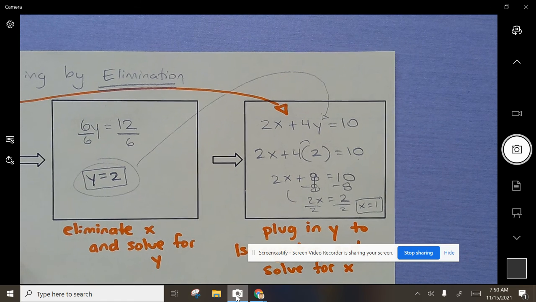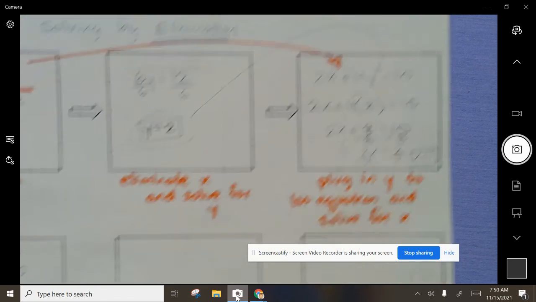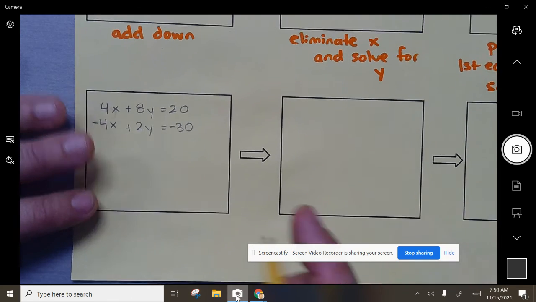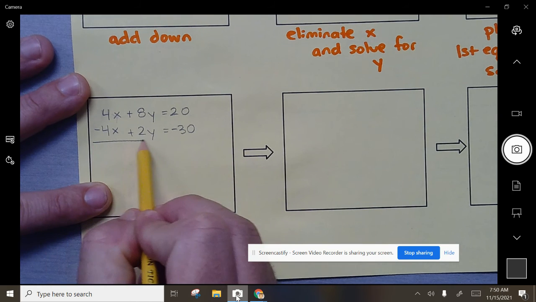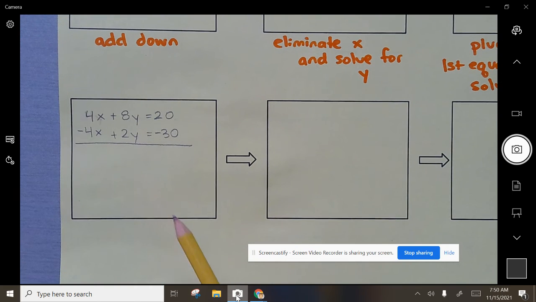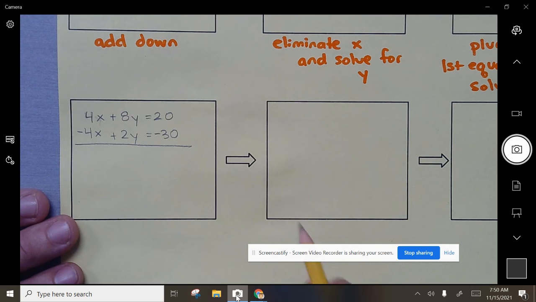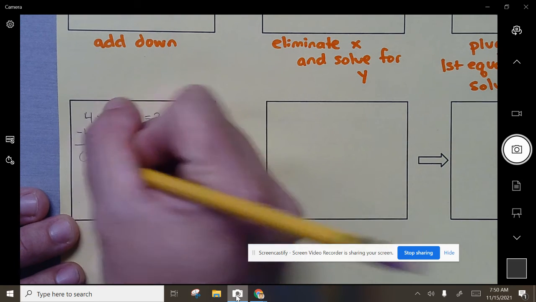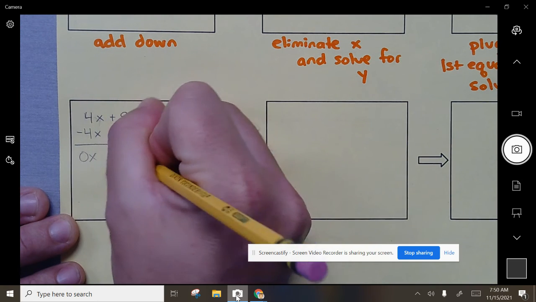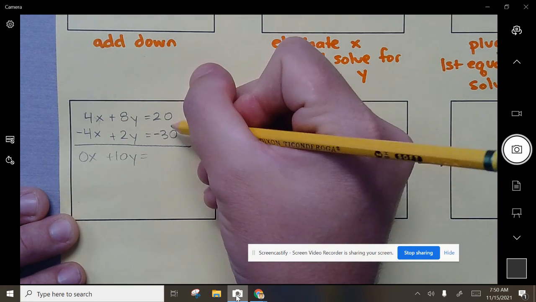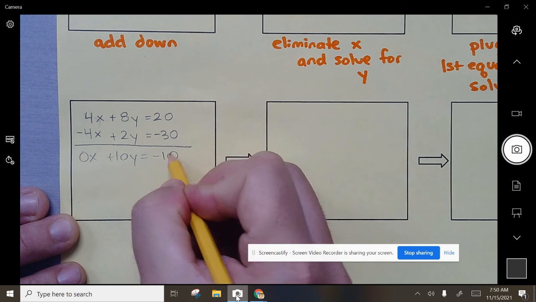All right, let's do another one. It looks a little confusing, but just follow the steps with me, just like you did on the top. First, we're just going to add down. Go ahead and add down. Feel free to pause this anytime, Ms. Alonzo. Go ahead and add down. 20 and negative 30, that's negative 10.